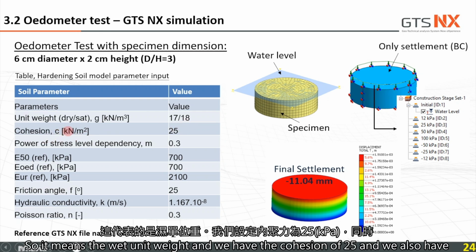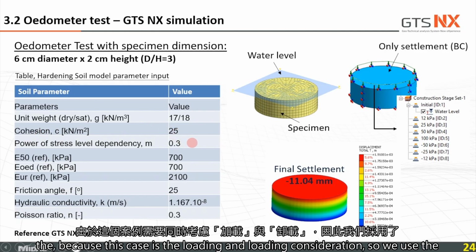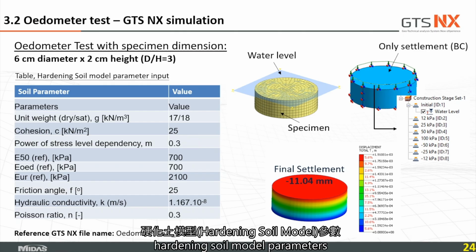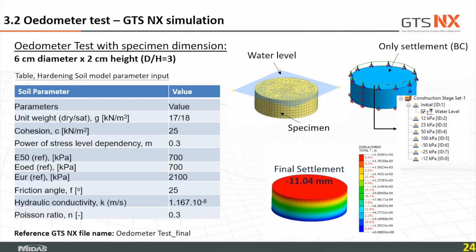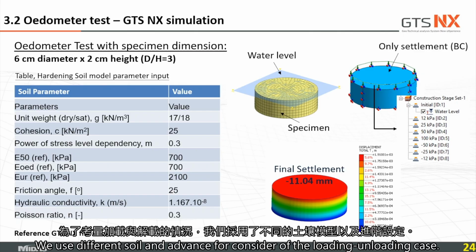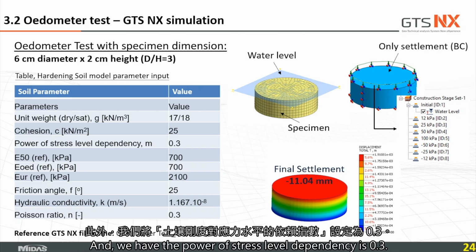So it means the wet unit weight, and we have the cohesion at 25. Because this case is the loading unloading consideration, we use the hardening soil model parameters. We use different soil parameters to consider the loading unloading case, and we have the power of stress level dependency is 0.3.